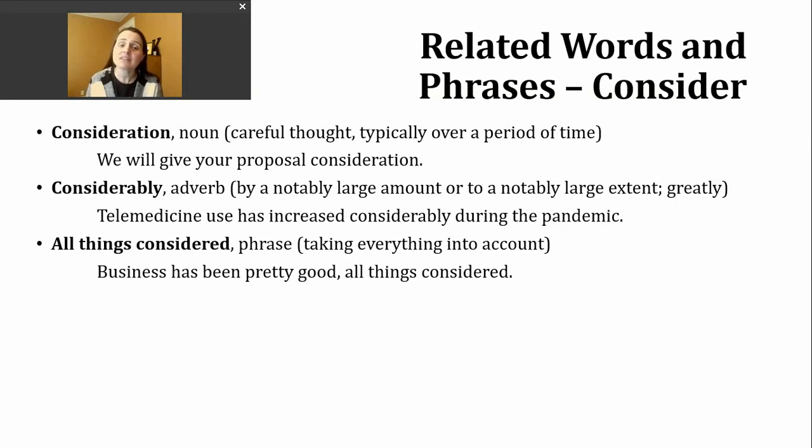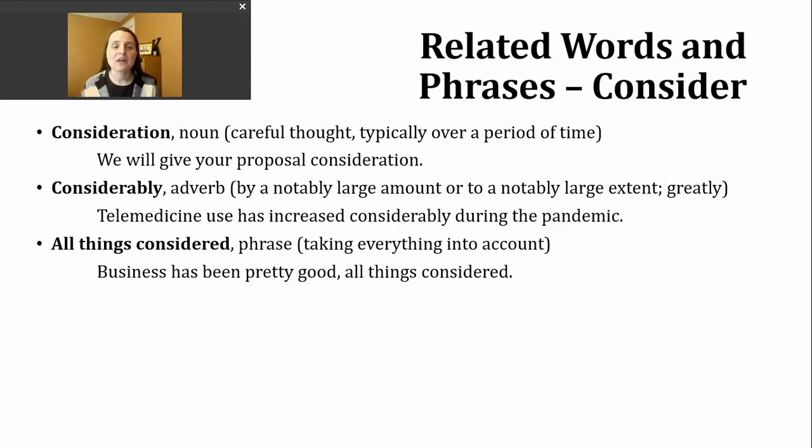The person responded, business has been pretty good, all things considered. So considering we have a pandemic, considering natural disasters that have occurred in my particular area, even with all of those things in place, business is still pretty good.